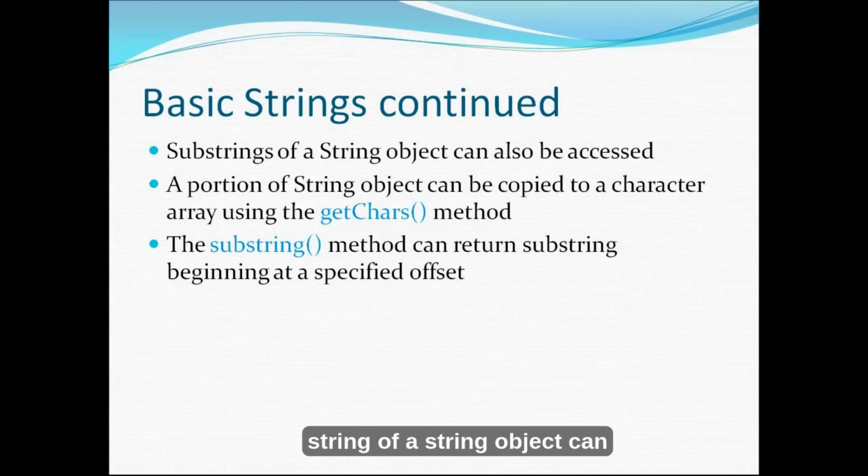A substring of a string object can also be accessed. The substring method will provide the subset of the string. A portion of a string object can be copied to a character array using the getChars method.